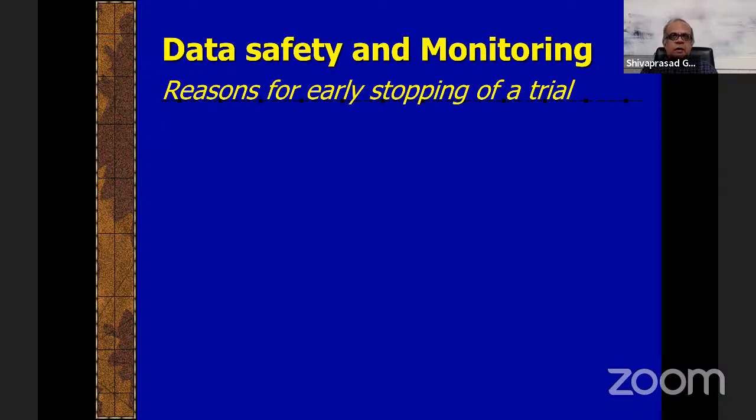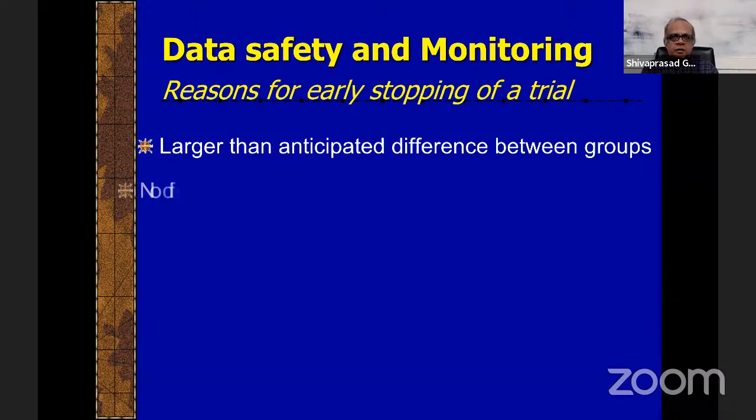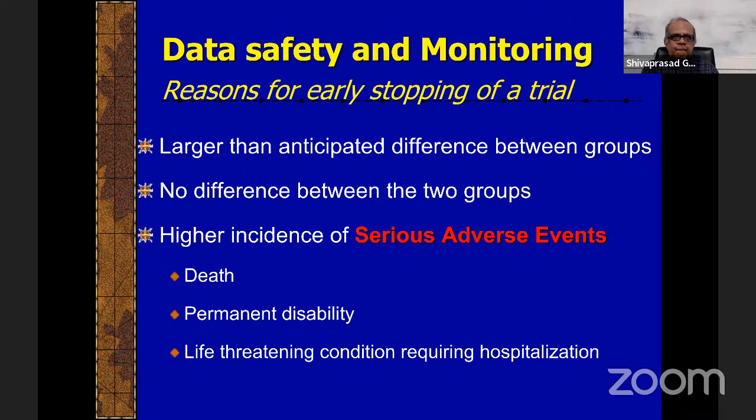But the question is, are those risks minimized as opposed to the benefits of participation in the trial? So do the benefits outweigh the risk? That is one of the basic principles of research, the Belmont principle. And the DSMB has the authority to stop a trial even as the trial progresses based on certain criteria.